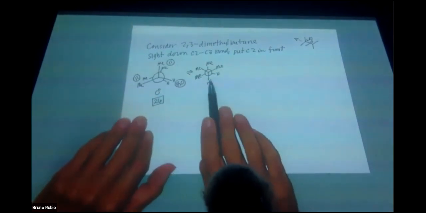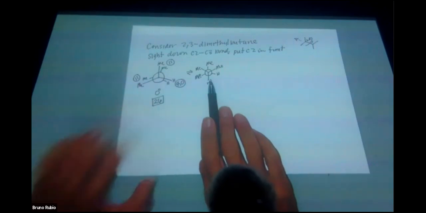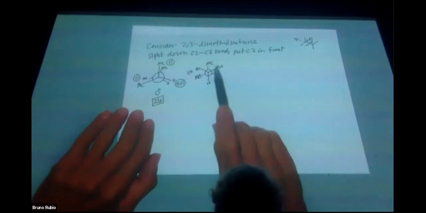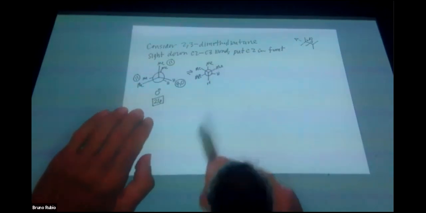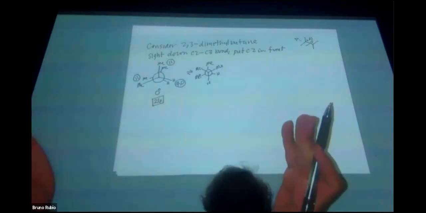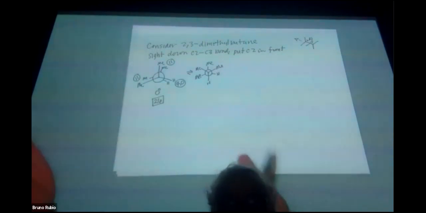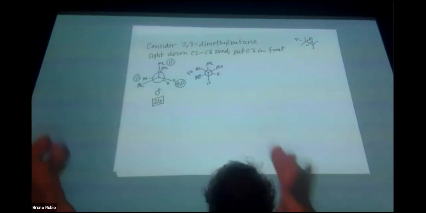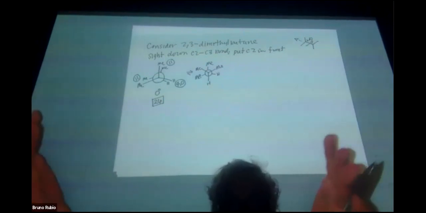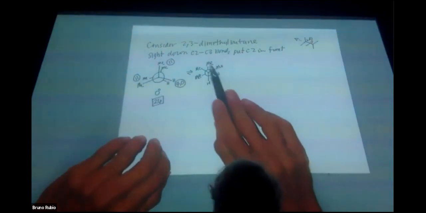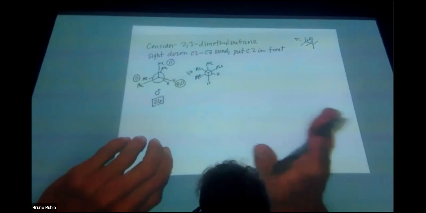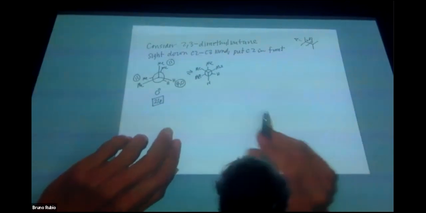So this is a staggered conformation, but it also has strain associated with it, because these methyl groups are big enough that they don't have to eclipse each other in order to exhibit steric strain and torsional strain. The methyl group is big enough so that even when methyl groups are gauche, as they are here, we get a strain interaction.